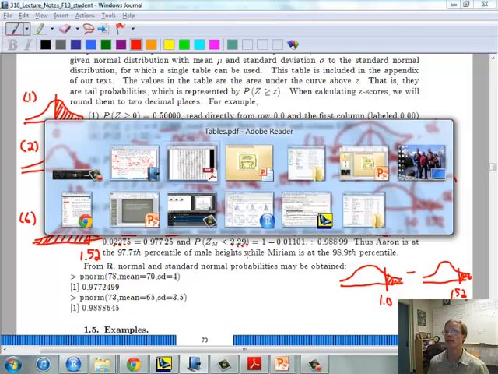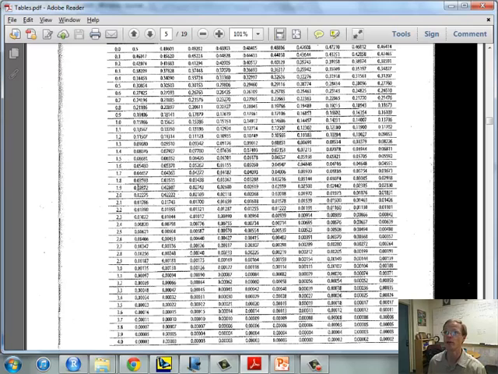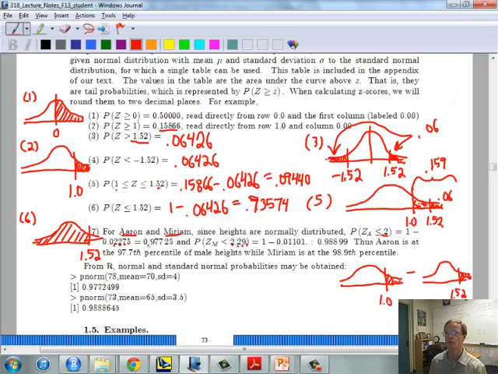So let's just go to that table. For 2.0, it's 0.02275. For 2.29, we obtain the number here, 0.01130, and so we can see that those numbers are lining up about 98th to 99th percentile, roughly.